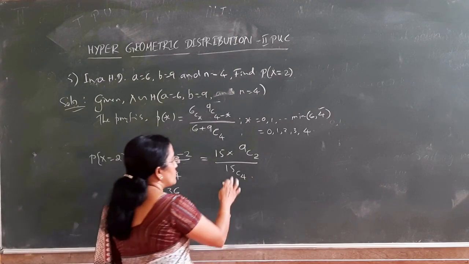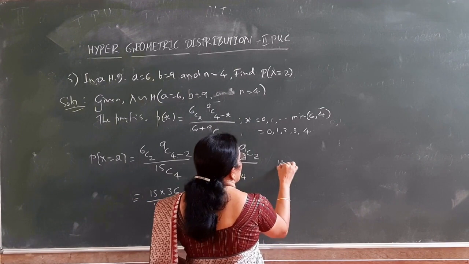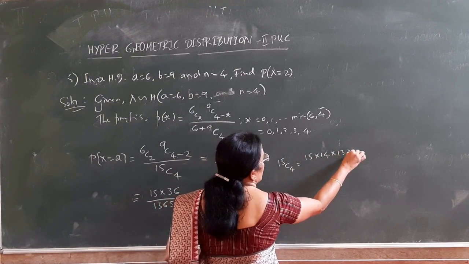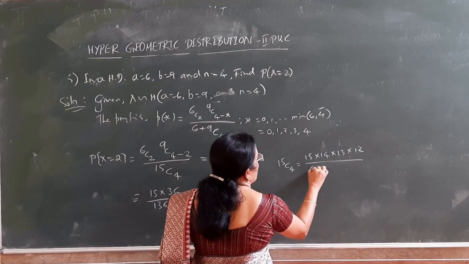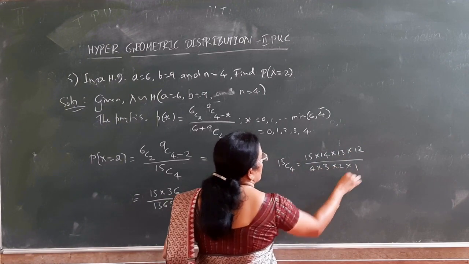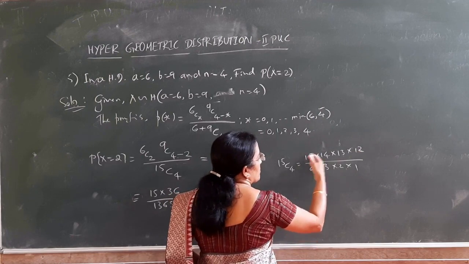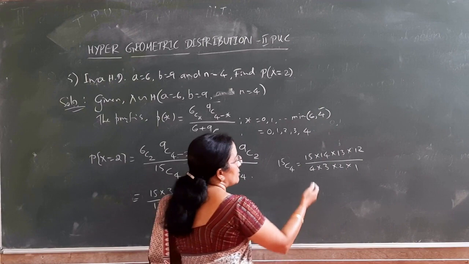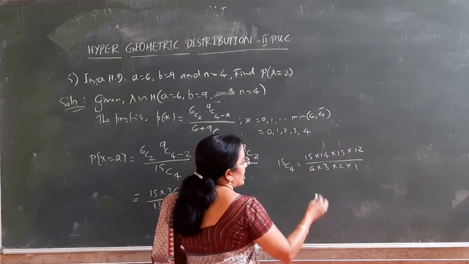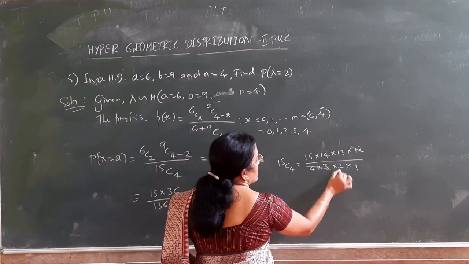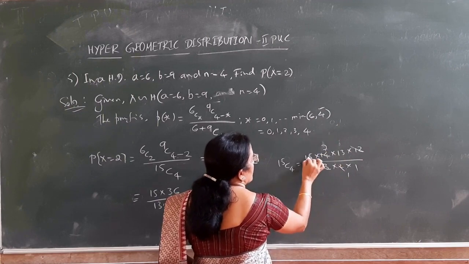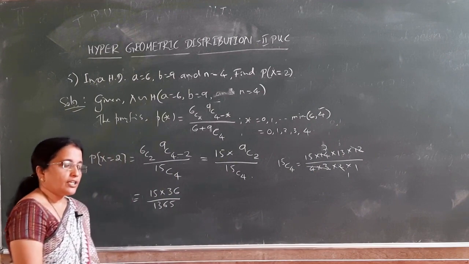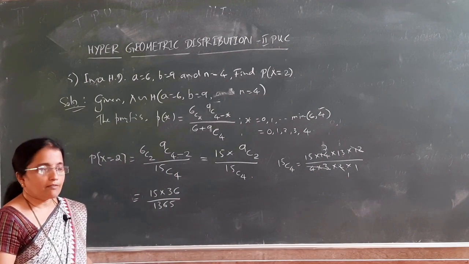How to manually find this? 15C4 is equal to 15 into 14 into 13 into 12 divided by 4 into 3 into 2 into 1. Directly you can get the product in the numerator and denominator, like that also you can do. Otherwise some factors will get cancelled. 4 into 3 is 12, right? 2 ones are 2, 2 sevens are 14, so 15 into 7 into 13. You will be getting 1365. You can use tables also if the values are available.